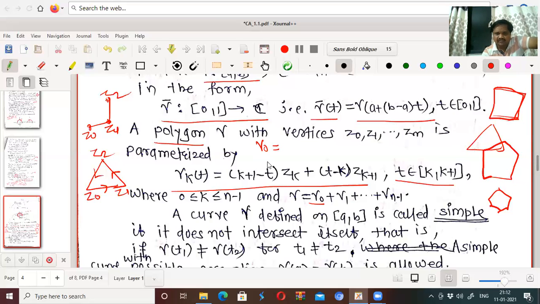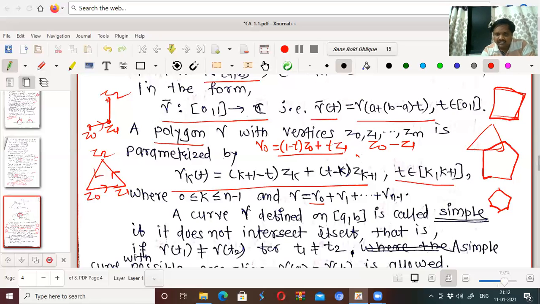If I put k equal to 0, your gamma 0 becomes (1 minus t) into z0 plus t into z1. We know that this is the line joining z0 to z1.